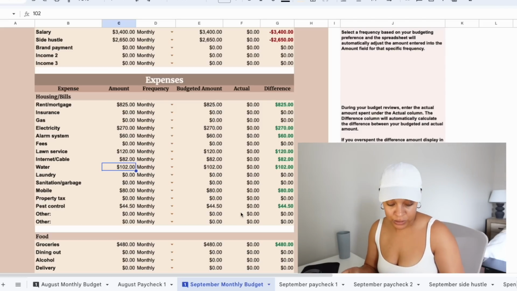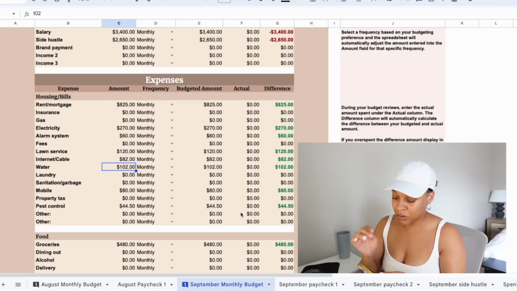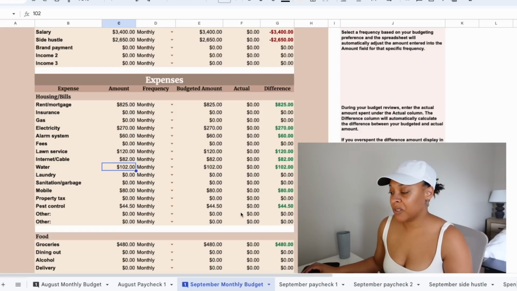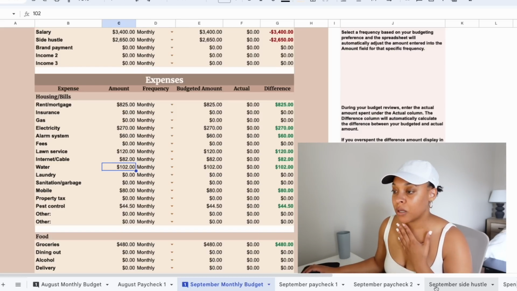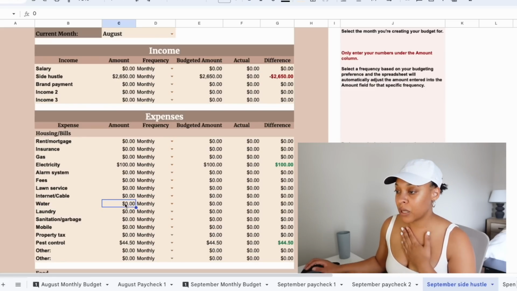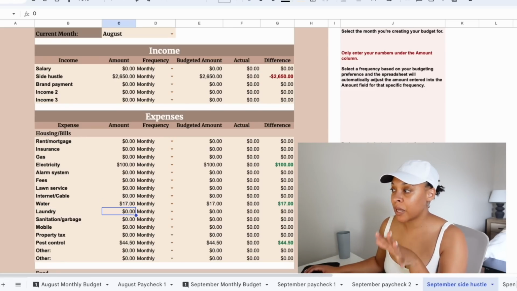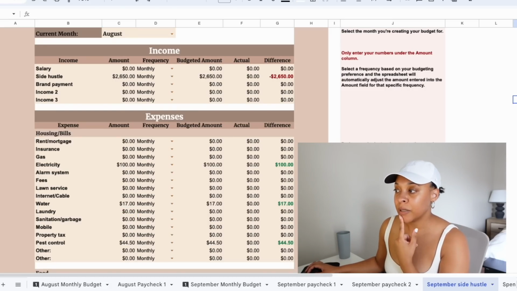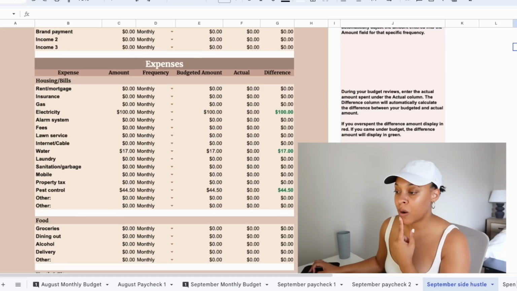That is what is going to be coming out. So what is that? 102 minus 85, $17, which is not bad. So $17, I'm going to pull that from side hustle pay and put that into my bills account when that comes through. And let me see where we are right now.